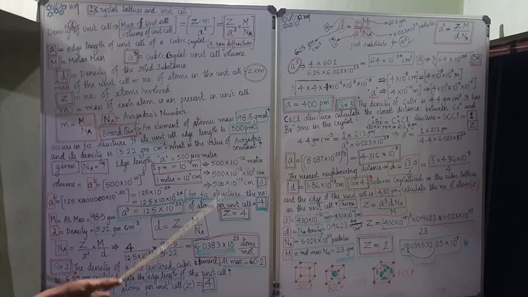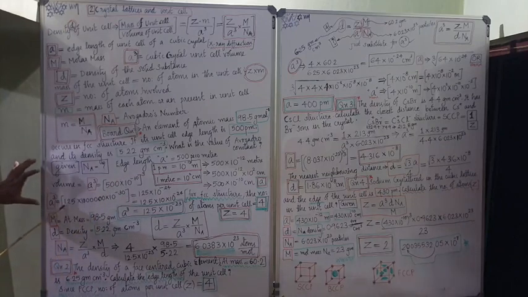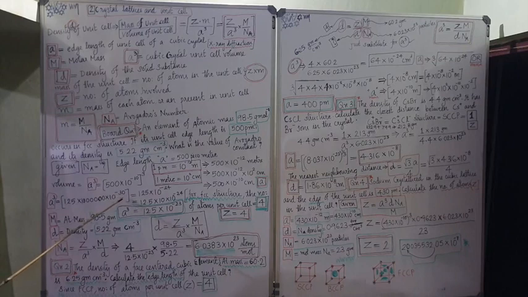By the theory of indices, minus 10 into 3 is 10 raised to minus 30. So this is 125 into 10 raised to 6 into 10 raised to minus 30, which is 10 raised to minus 24. So 125 into 10 raised to minus 24.